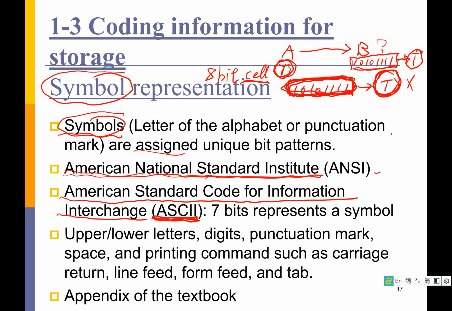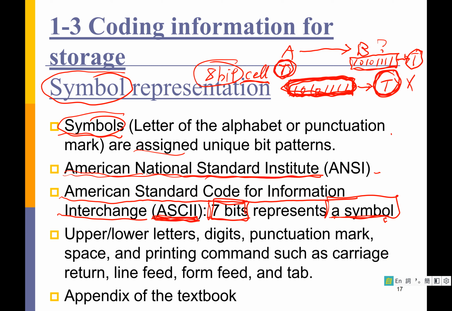It's a table. In ASCII, it uses 7 bits to represent a symbol. We said previously that a cell contains 8 bits. Why did ASCII set only 7 bits to define a symbol?